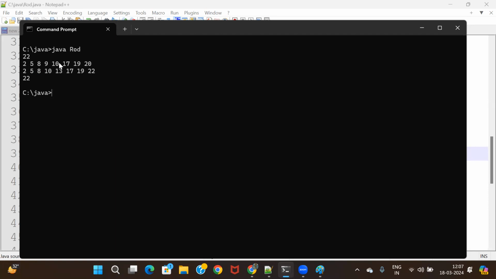For length of 5, 2 pieces, length 3 and length 2, 13. For length of 6, it is 17. What do you sell for length of 6?